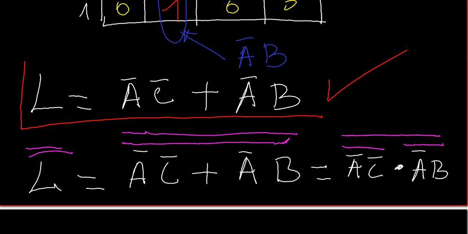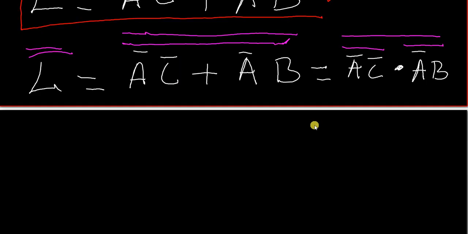You discover that you have not changed anything. That is how you can transform this output equation in order to draw the logic diagram with only the help of NAND gates.